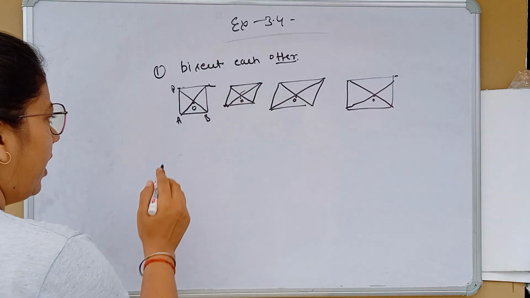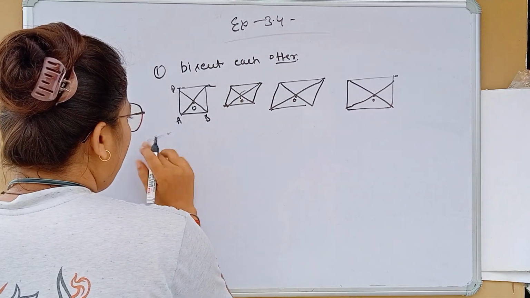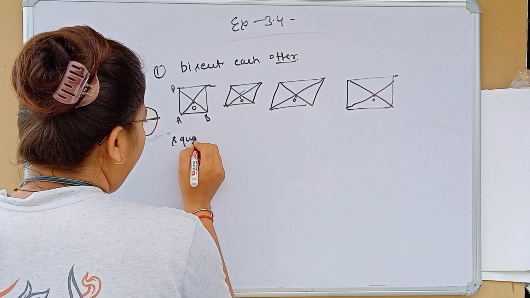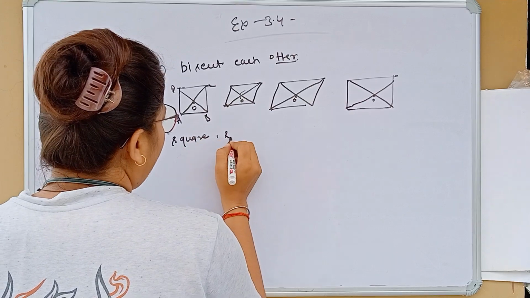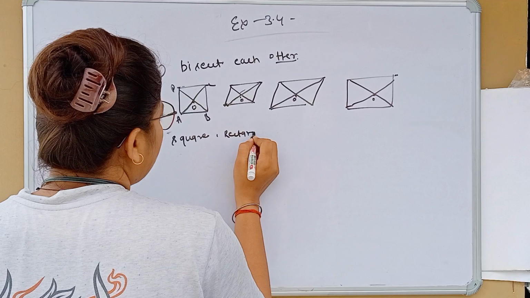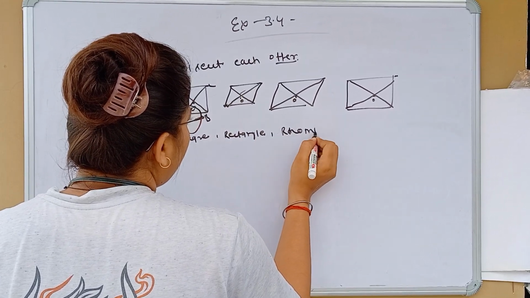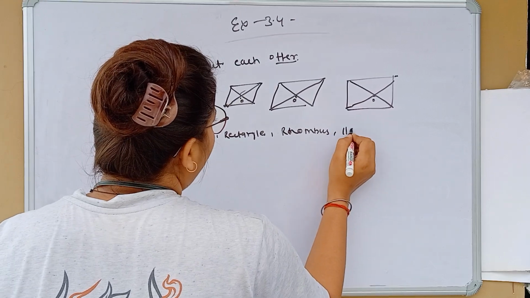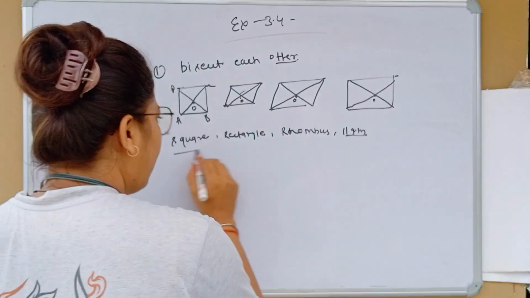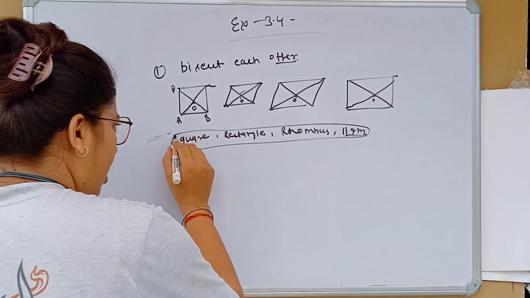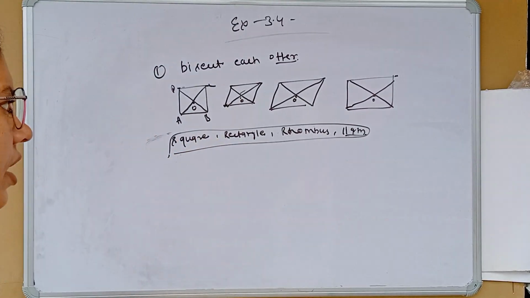So we can write here only the names: square, rectangle, rhombus and parallelogram.